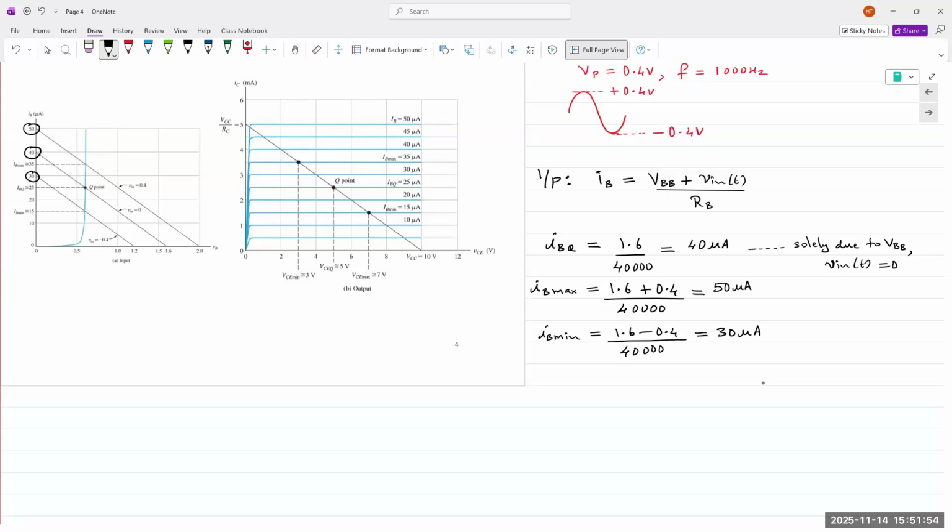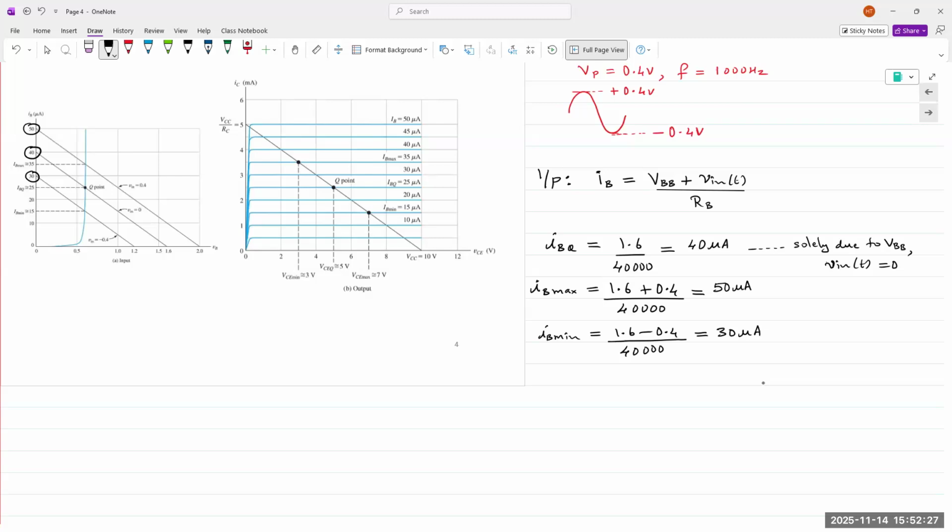Does this make sense? You're applying a DC voltage. When you apply a DC voltage VBB at the base, it establishes a Q point, which means your base current is now fixed at 40 microamps. And then when you apply an AC input on top of your DC biasing voltage VBB, so now it's VBB plus V in of T, which is what you did in lab 8, now your Q point shifts.